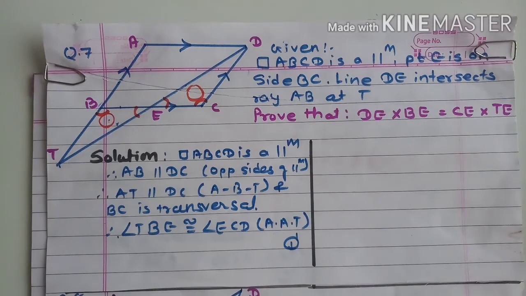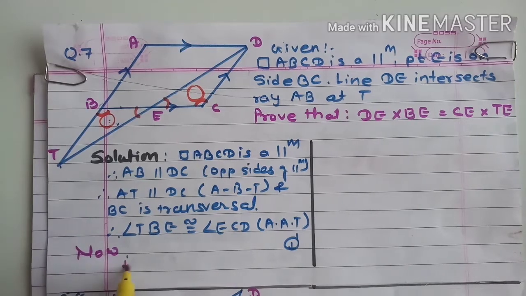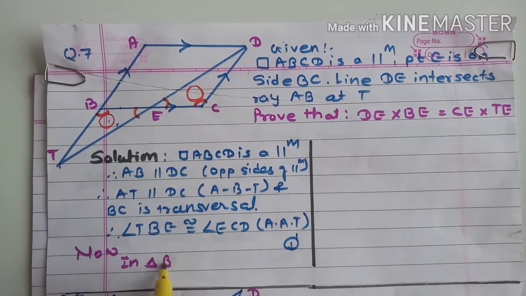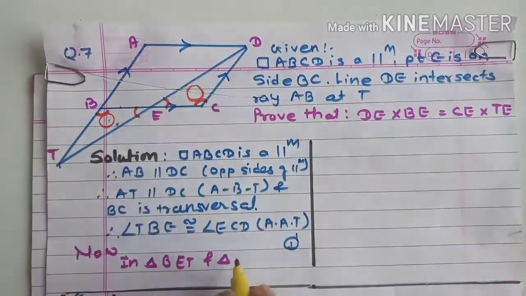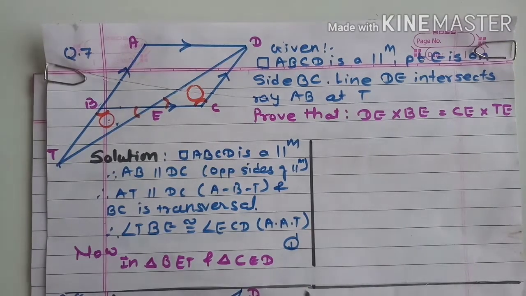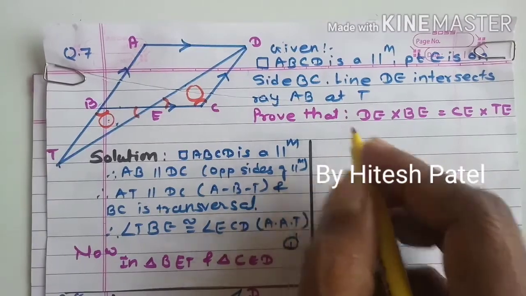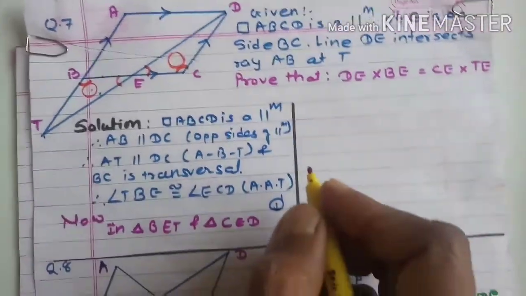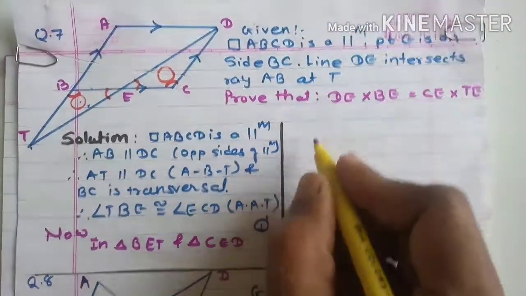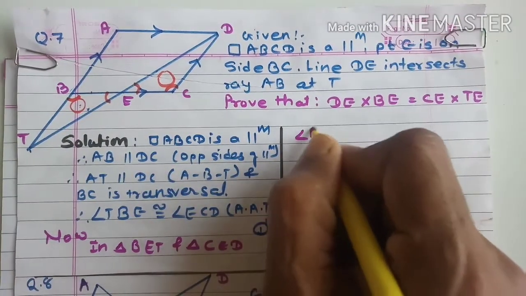Now take those two triangles. In triangle BET and triangle CED, both are similar by the AA test. Just we have to write the AA test.